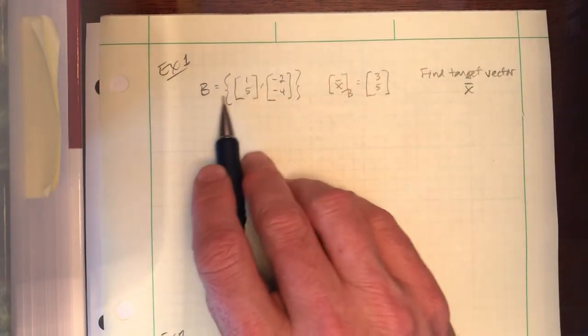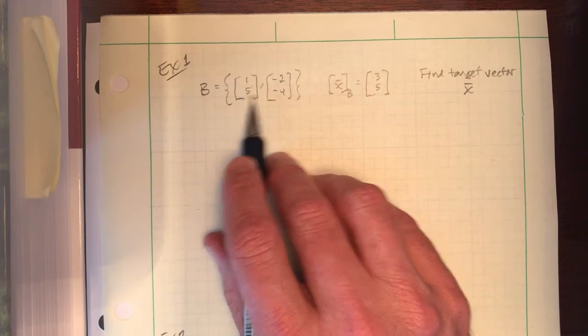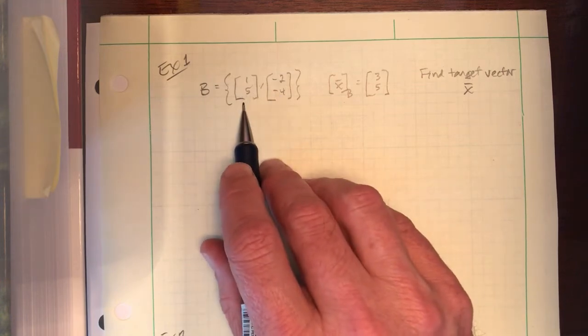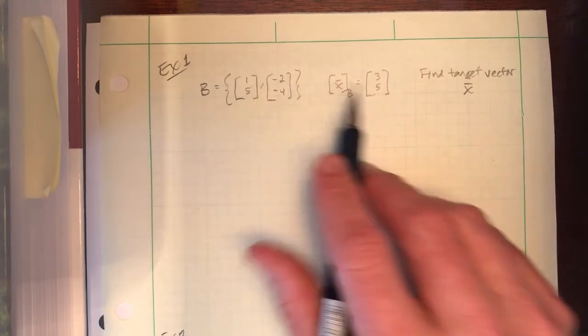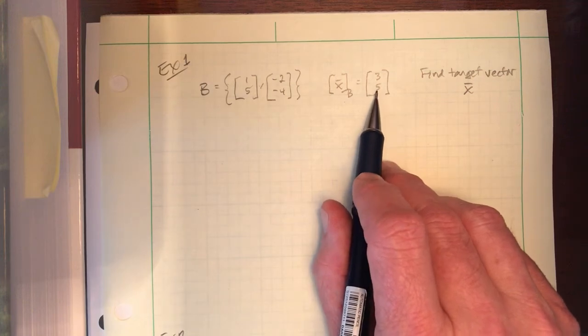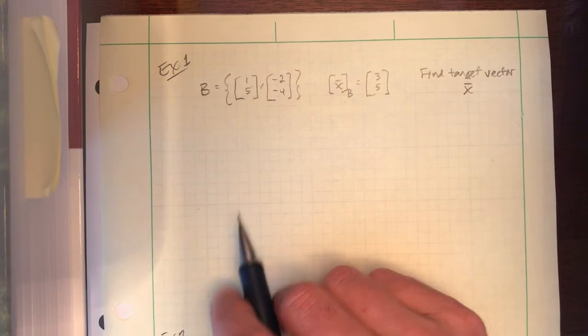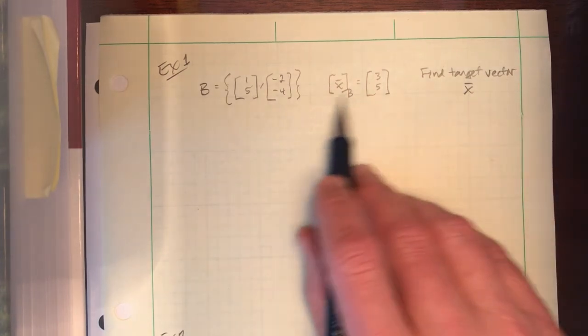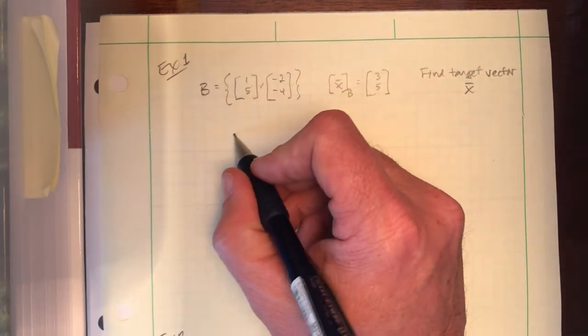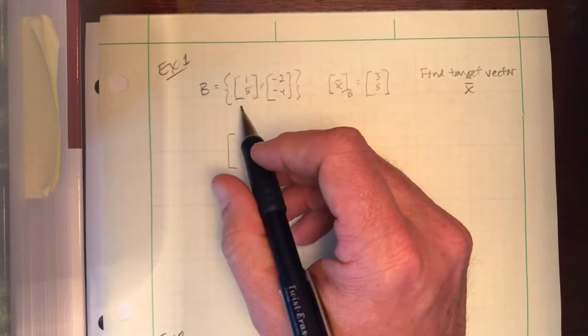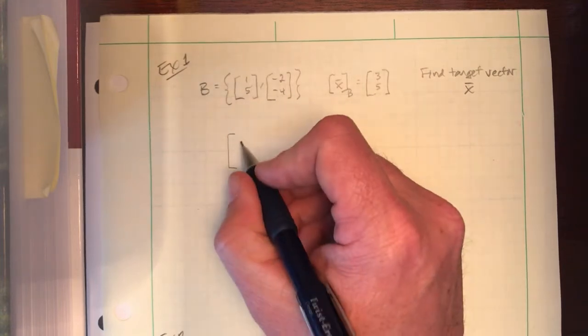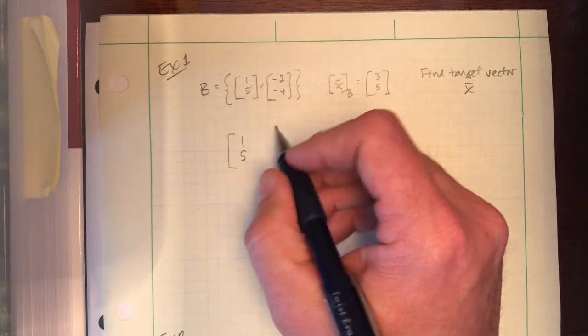So let's say we're given a brand new basis in R2, 2 vectors, not multiples of each other, so it qualifies as a basis. Let's say we're given the coordinate vector, and we're asked to find the new target vector. So given these 3 parts, I think all we need to do is set up my change of coordinate matrix, which just holds my 2 column vectors.